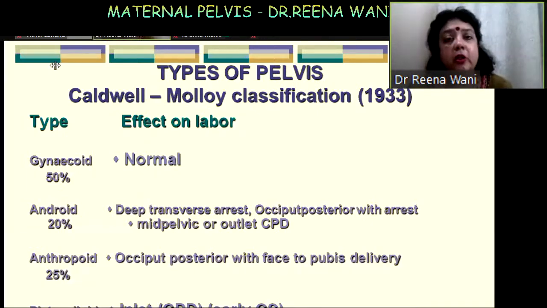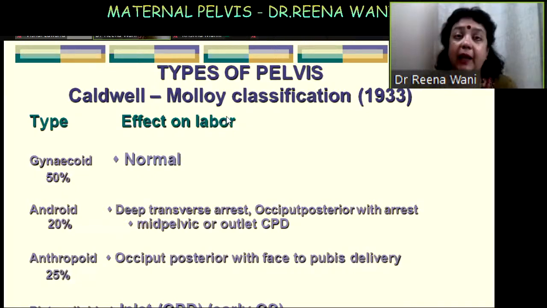The obstetrician feels that, oh, the head is just there. And sometimes the caput, which is the collection of fluid which makes the scalp bulge down, is mistaken for the actual station, and vacuum or forceps is applied. So these are the types where you land up with failed vacuum, failed forceps. Usually, you have to think: was it an android pelvis?